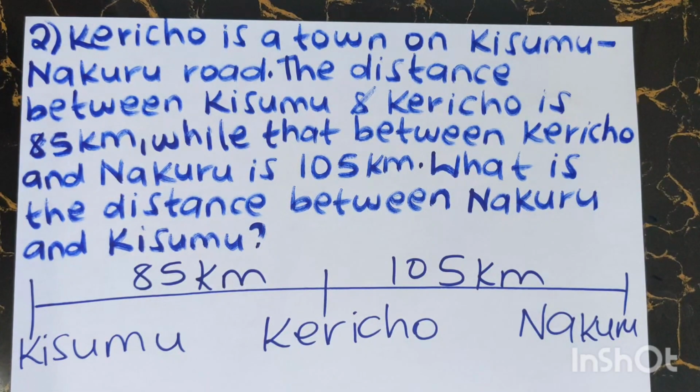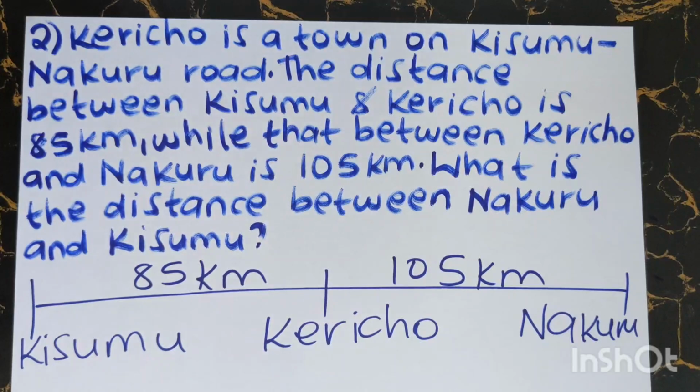So what's the distance between Nakuru and Kisumu? So that's a very easy question. So if the distance between Kisumu and Kericho is 85 kilometers and the distance between Kericho and Nakuru is 105 kilometers, and we also know that Kericho is somewhere in between Kisumu and Nakuru, then the distance between Kisumu and Nakuru, or Nakuru and Kisumu, which is basically the same thing, is the total distance, okay?